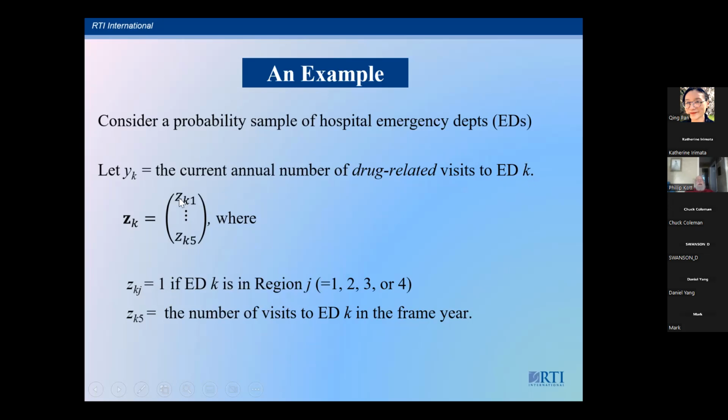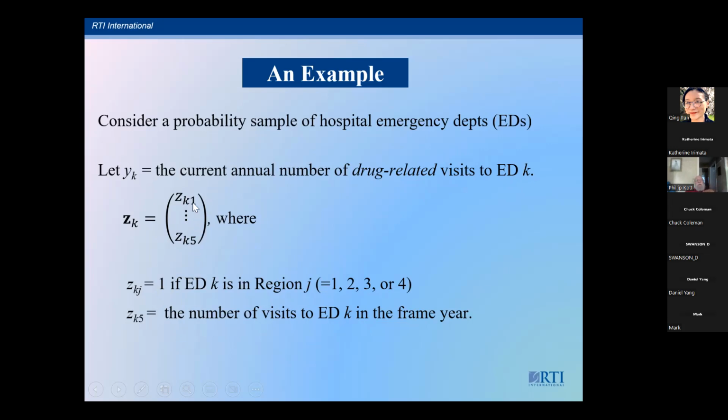And it's a function of a vector z, and the first 4 components of z are just dummies for the 4 regions of the country, and the 5th one is the number of visits to emergency departments in a frame year. Now we're interested in drug-related visits, but this is all types of visits. And we're going to say y is perhaps a linear function of these things. Maybe it isn't, maybe it is. Who knows? But we're going to think in terms of what our z vector is.